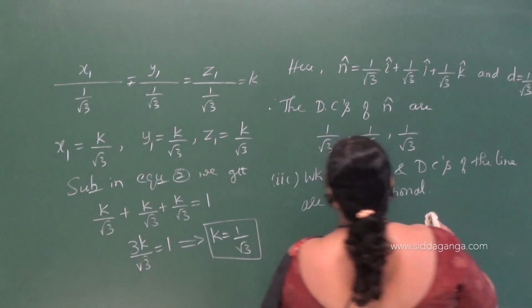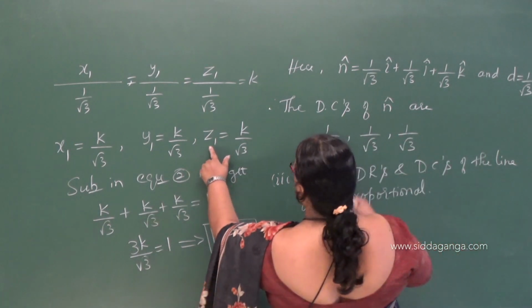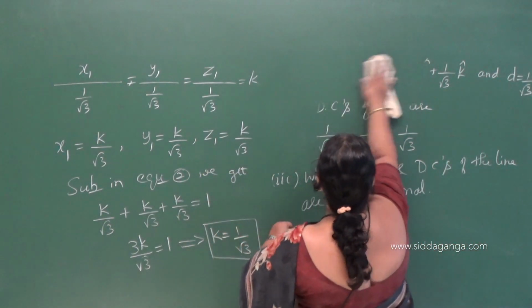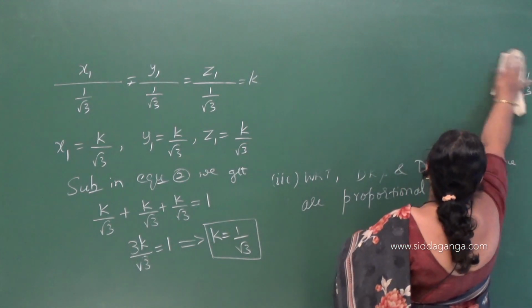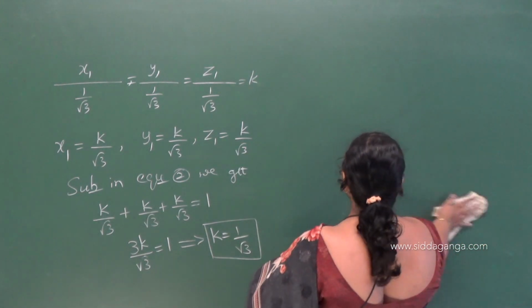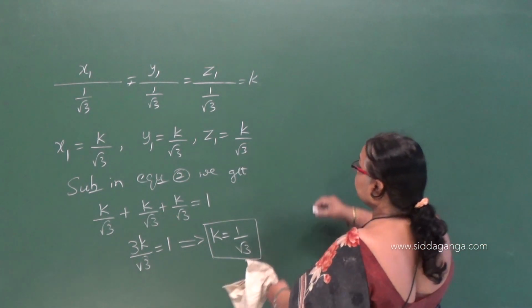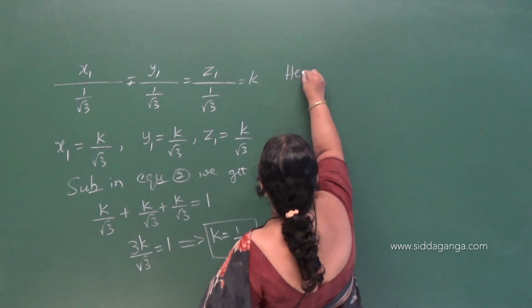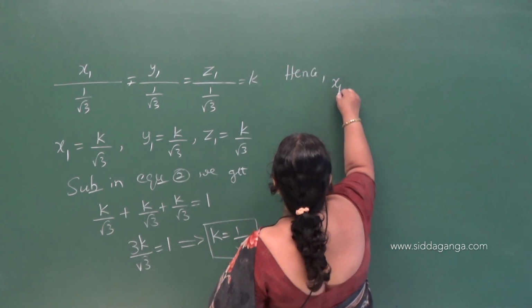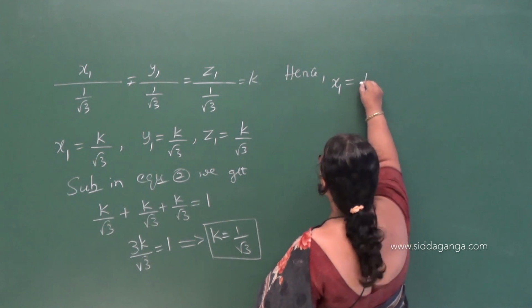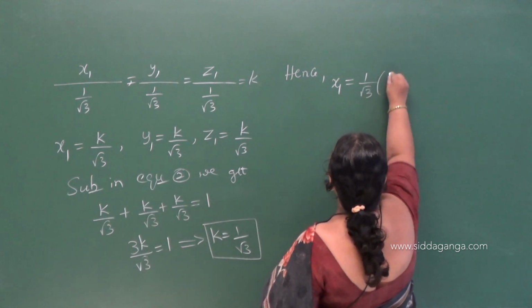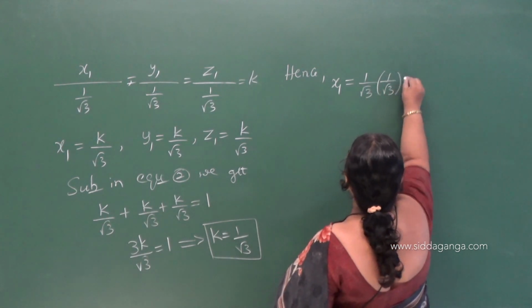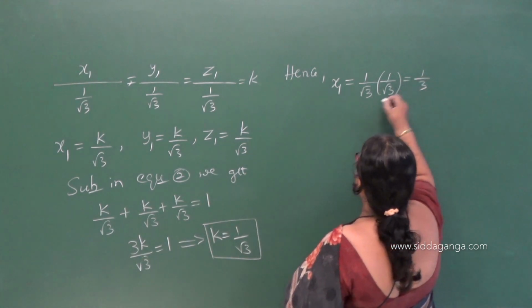So now you write the values of x1, y1 and z1. Hence, x1 equal to 1 by root 3 into the k value 1 by root 3, equal to 1 by 3.